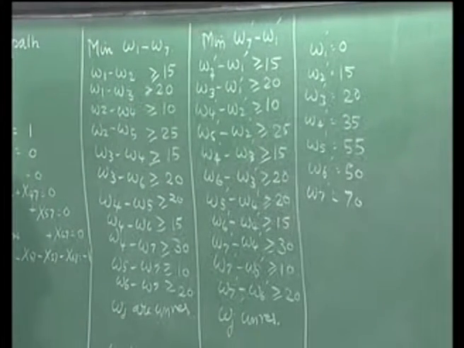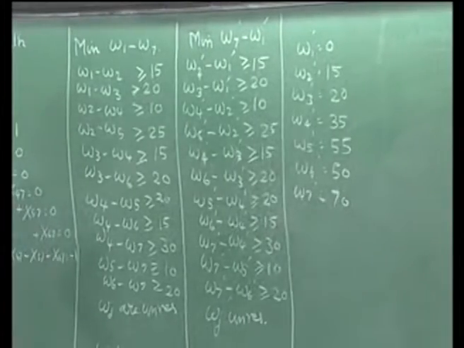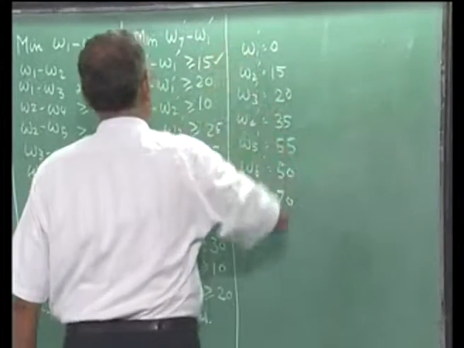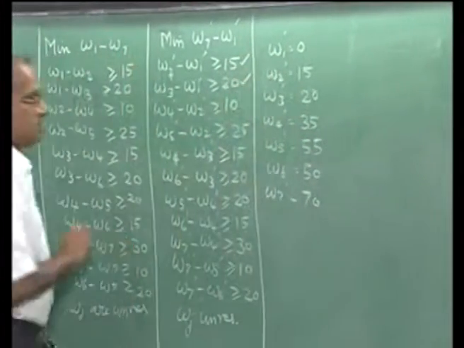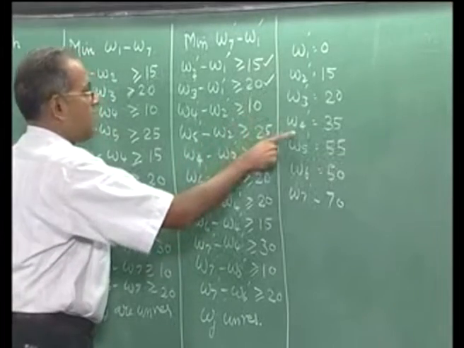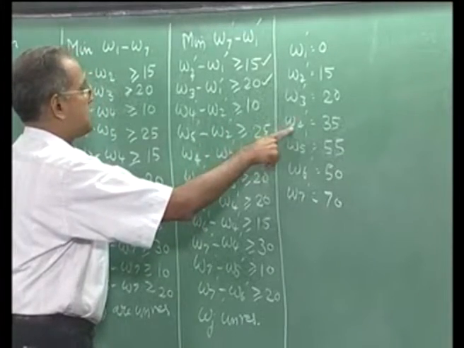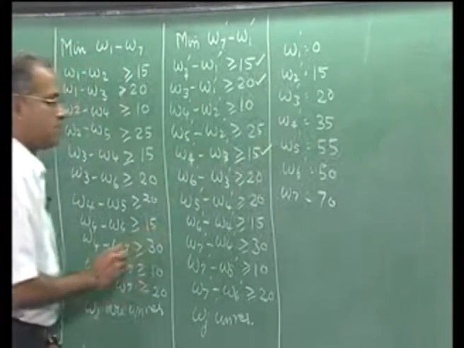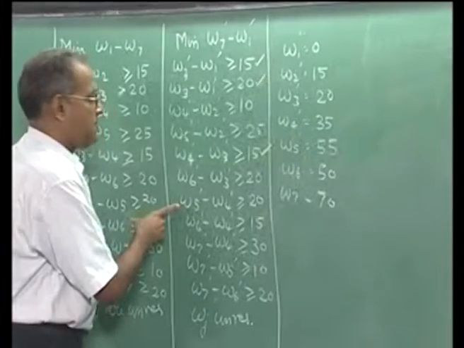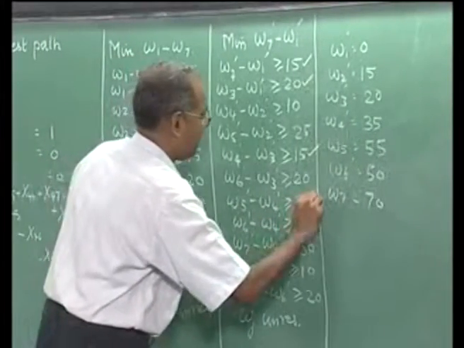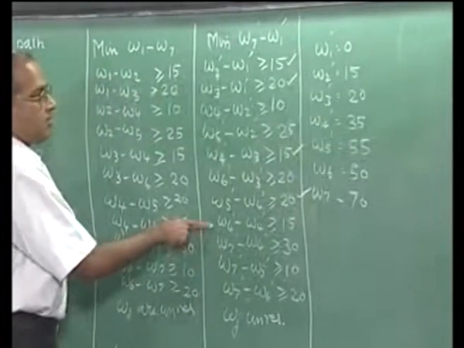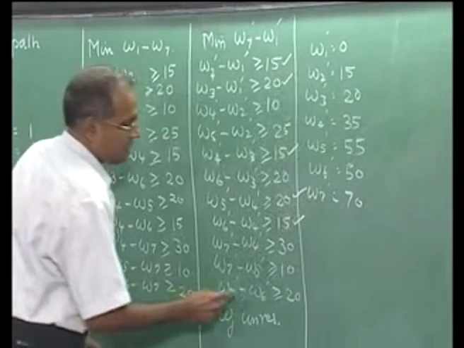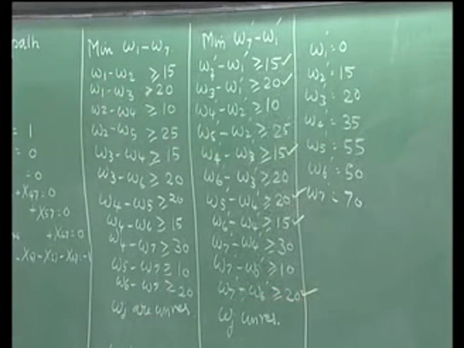Now we go back and apply complementary slackness and see which are the ones that are satisfied as an equation. So this is satisfied as an equation, this is satisfied as an equation, then W4 dash comes from 15 plus 20, this is an equation, W5 dash comes from 35 plus 20, 55, so this is an equation, W6 dash comes from 35 plus 15, 50, and W7 dash comes from 50 plus 20, 70.